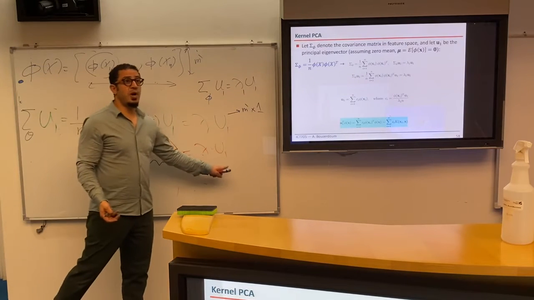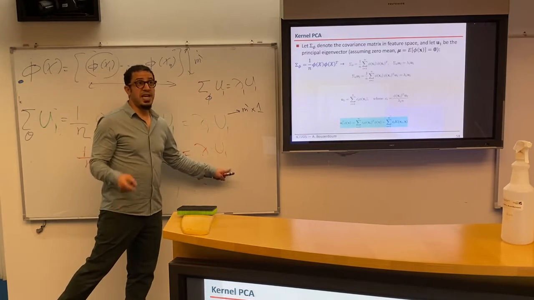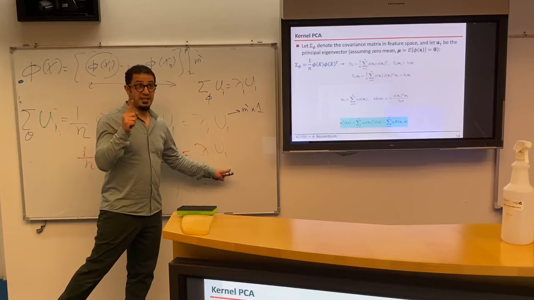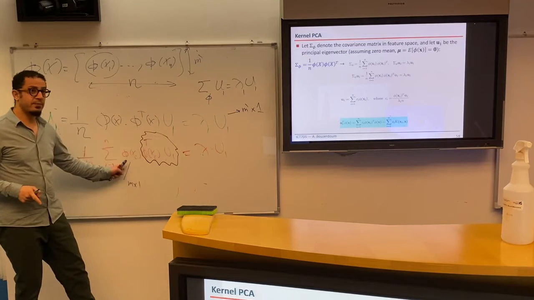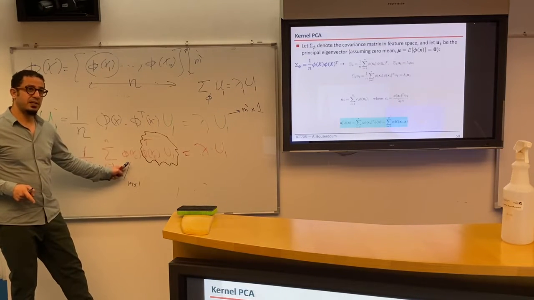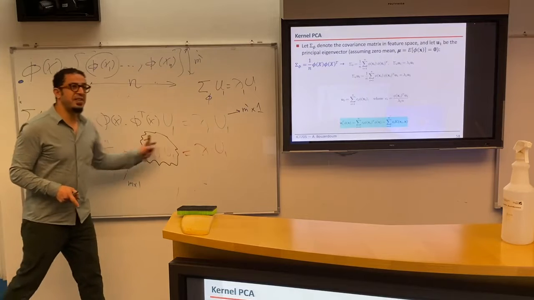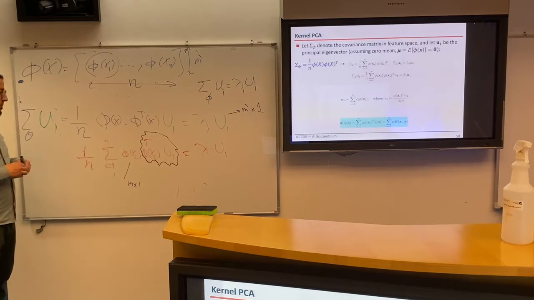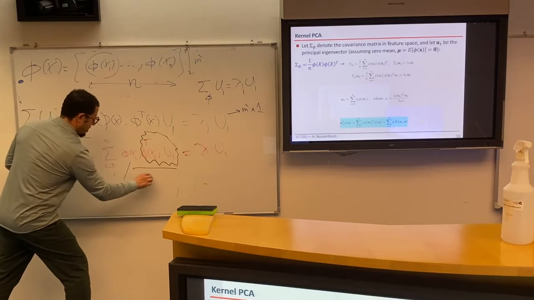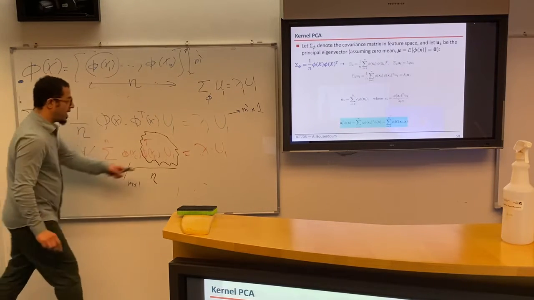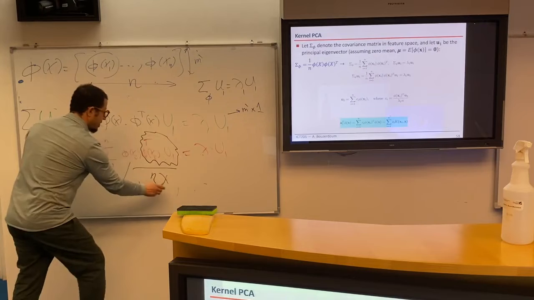So what is u1 here? u1 is a vector. I cannot find it explicitly, but I can find it in terms of a linear combination of phi of x. You got the idea? Can I divide everything by lambda? Look here, the n here, I will put it here. The lambda here, I will divide by it here.